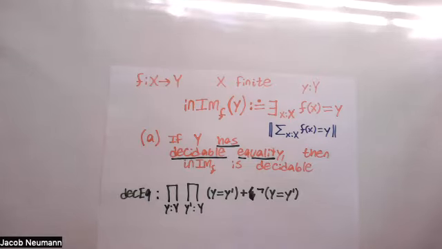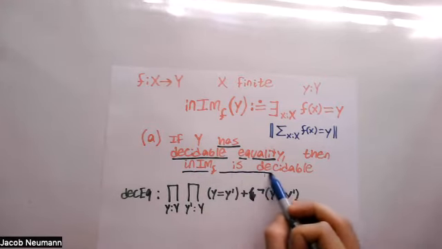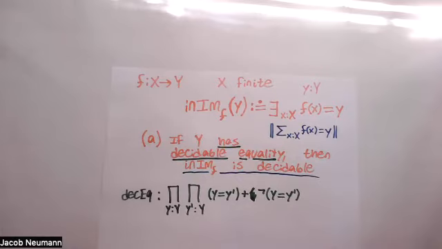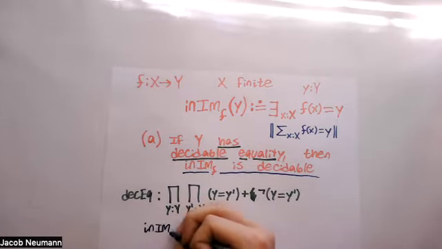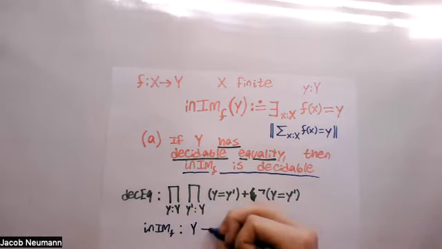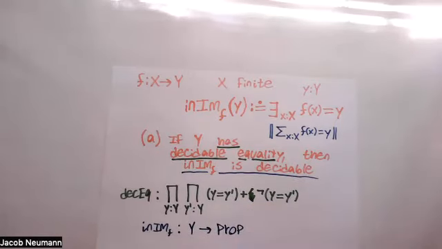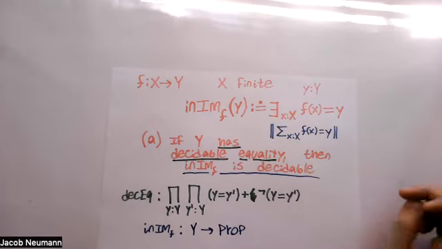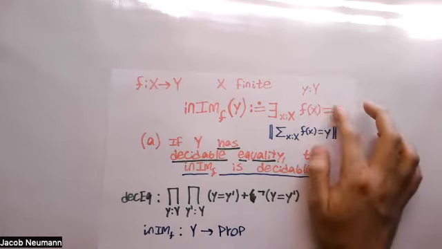The second one is that the inverse image of f is decidable. It's worth noting that f has type Y arrow Prop. Remember, f of x is equal to y is going to be a proposition.